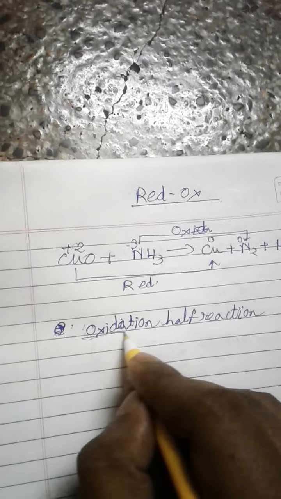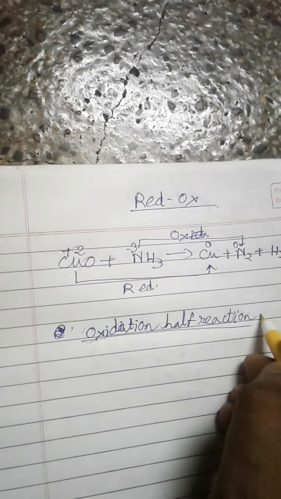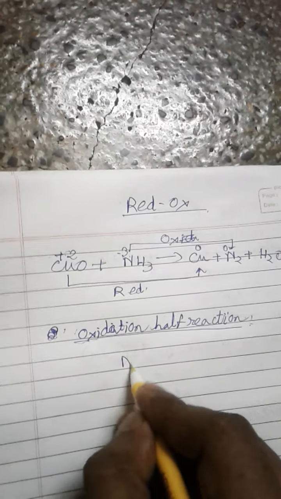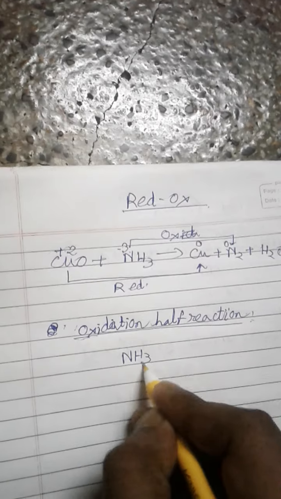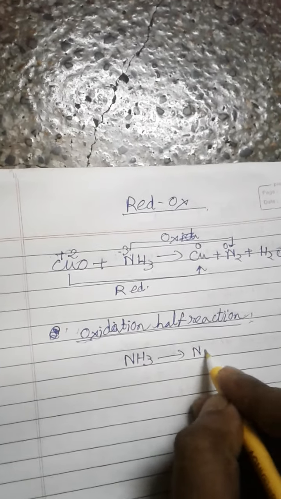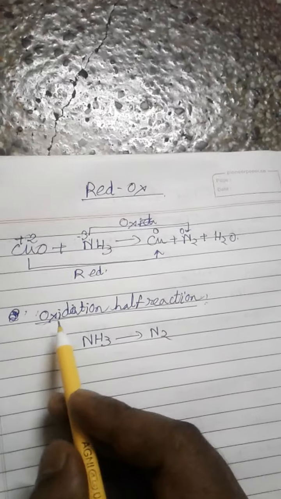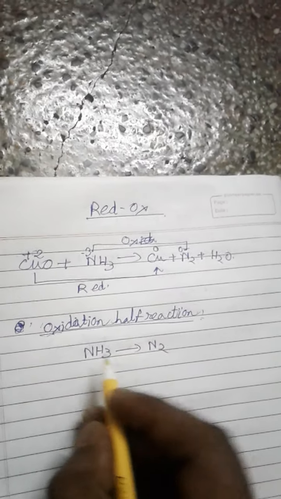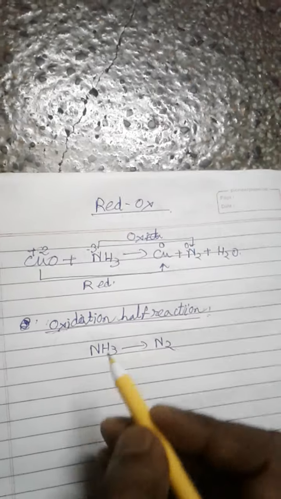In the oxidation half reaction we only write the oxidation part, because half means only the oxidation reaction, and the reduction half reaction is only for the reduction reaction.